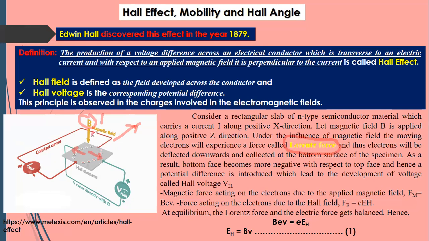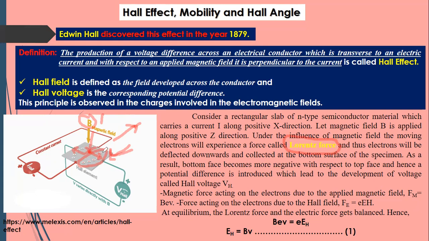Whenever the magnetic field passes through the metal slab, the electron charges are deflected away from the core, and an equal number of positive charges appears, as indicated here. So why do equal numbers of positive charges appear? Due to the deficiency of electrons, the positive charges appear.